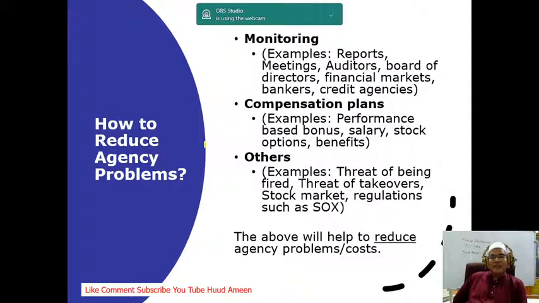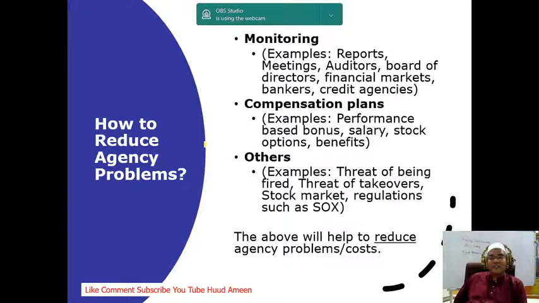The manager will get the threat if any problems arise from the operation done by managers, if any losses, then the manager will be fired, will be terminated as a manager.